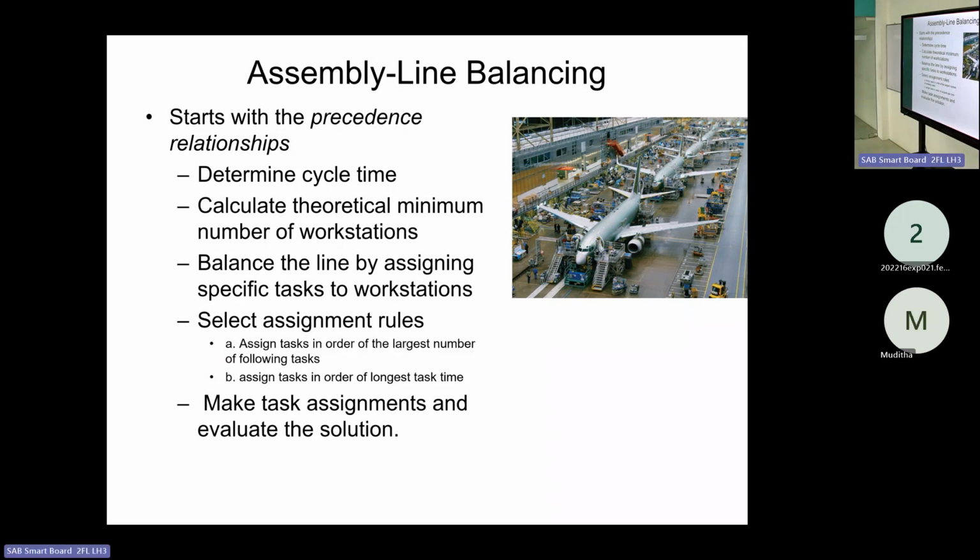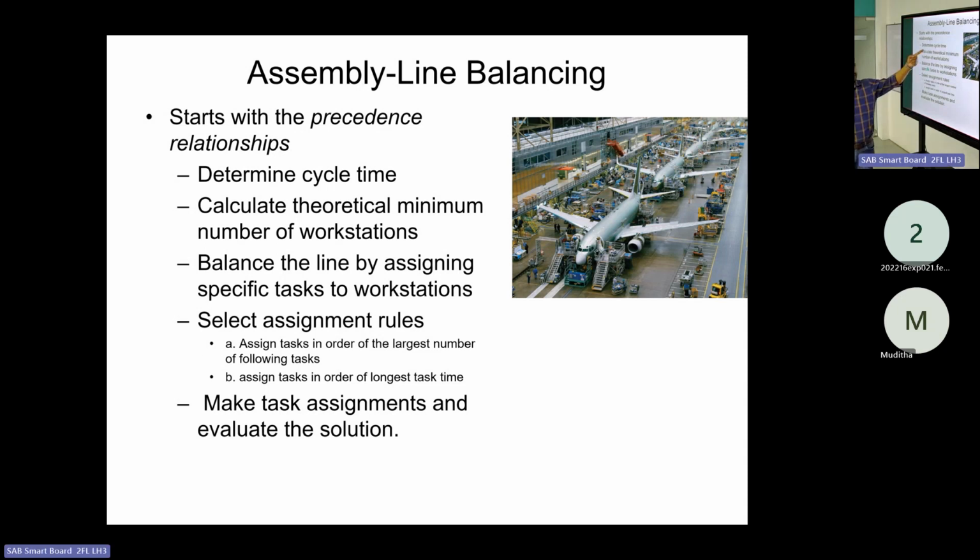And then after completing some processes, that will be completed to the next workstation. So that precedence order should be shown in a diagram. We call it precedence diagram. And there we draw it and show the times and all.